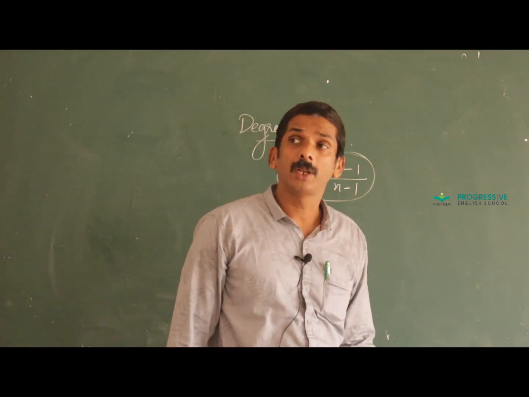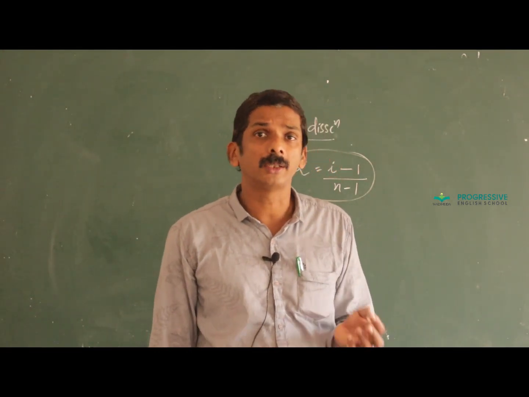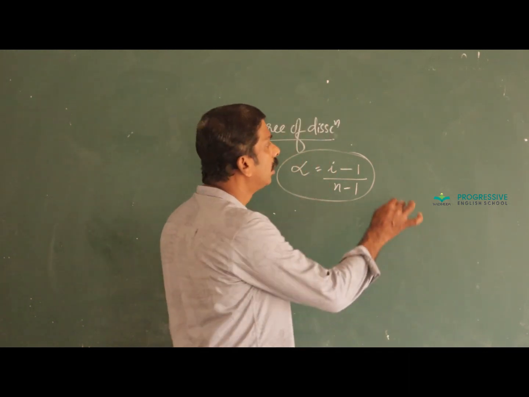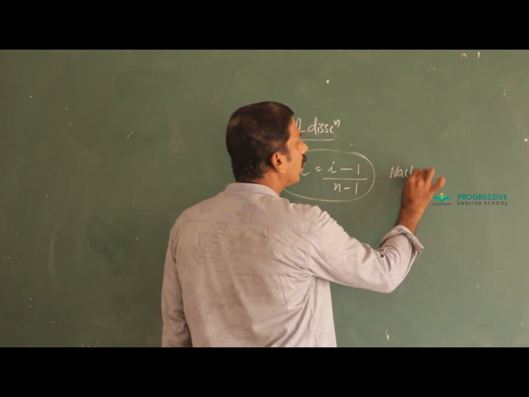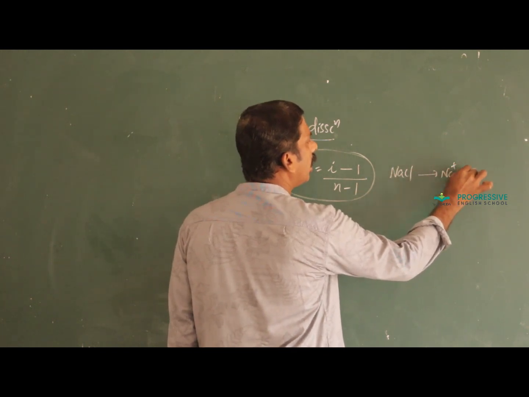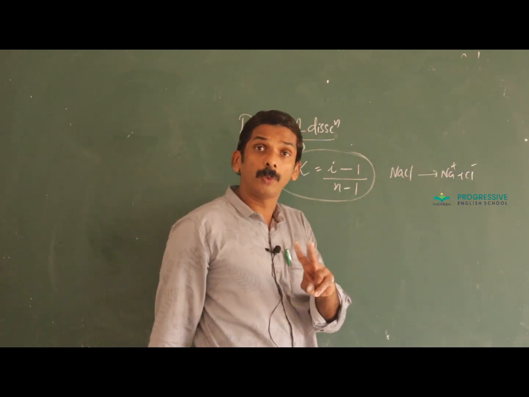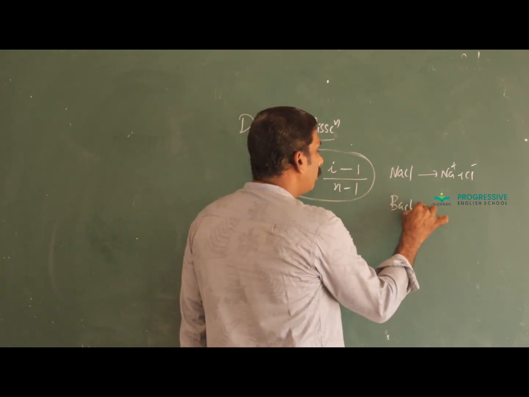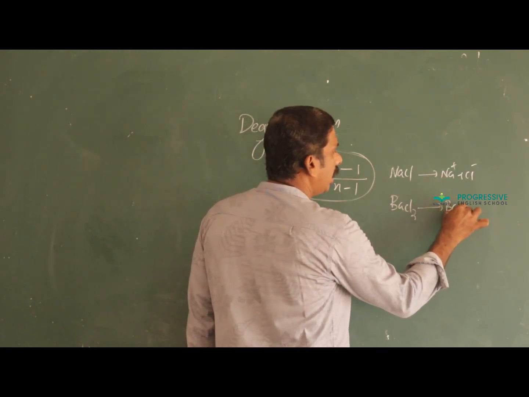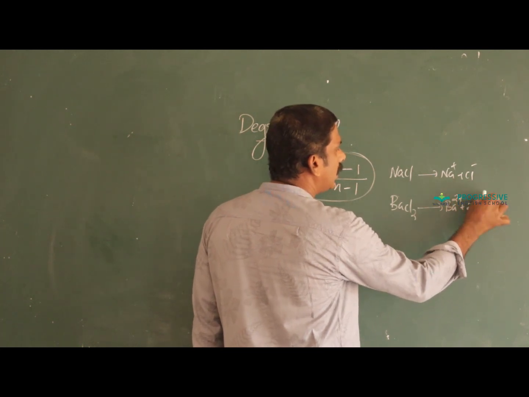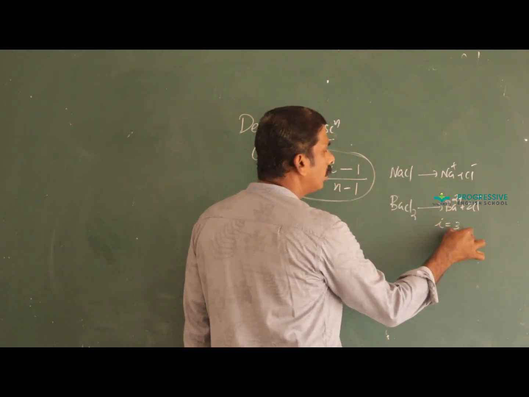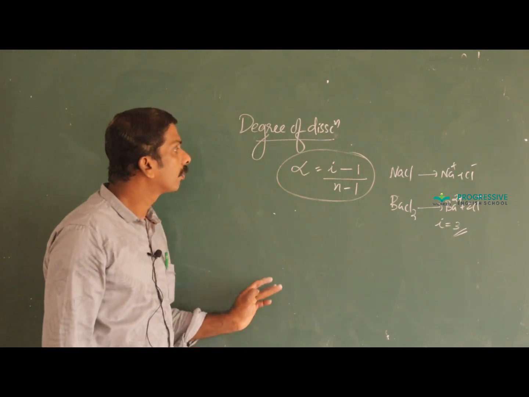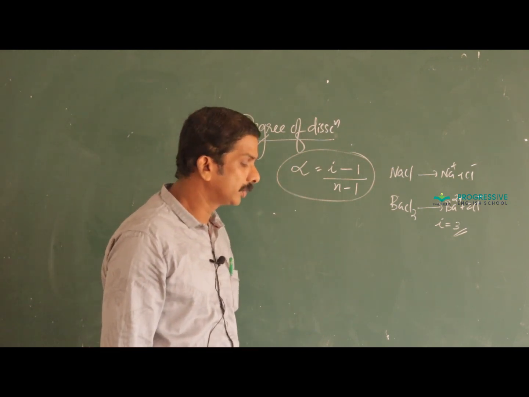For a strong electrolyte, if it is completely dissociated, the i value equals the number of ions produced by that complete dissociation. For example, if sodium chloride is completely dissociated, Na+ plus Cl minus, i value is found to be 2. Then barium chloride BaCl2, Ba2+ plus 2 Cl minus, i value equal to 3. Okay, n is the number of ions produced.